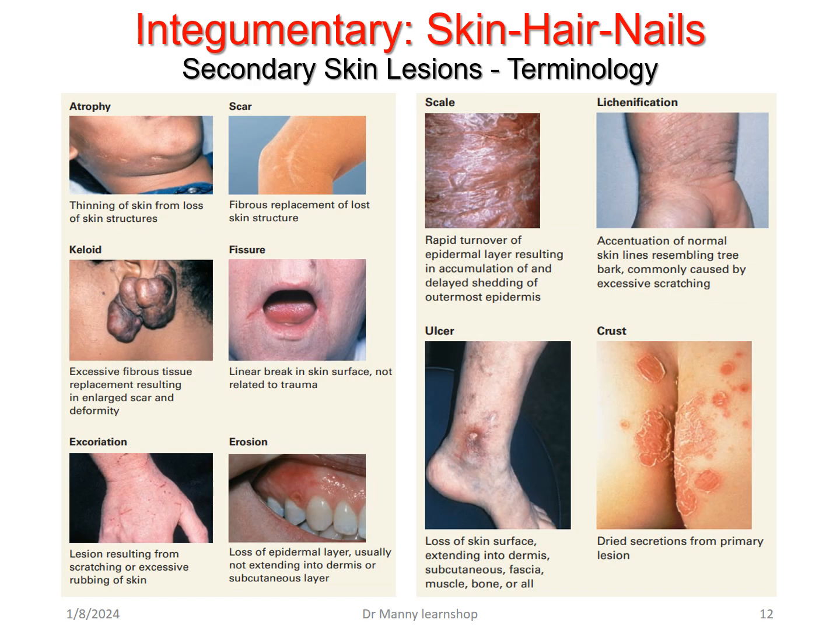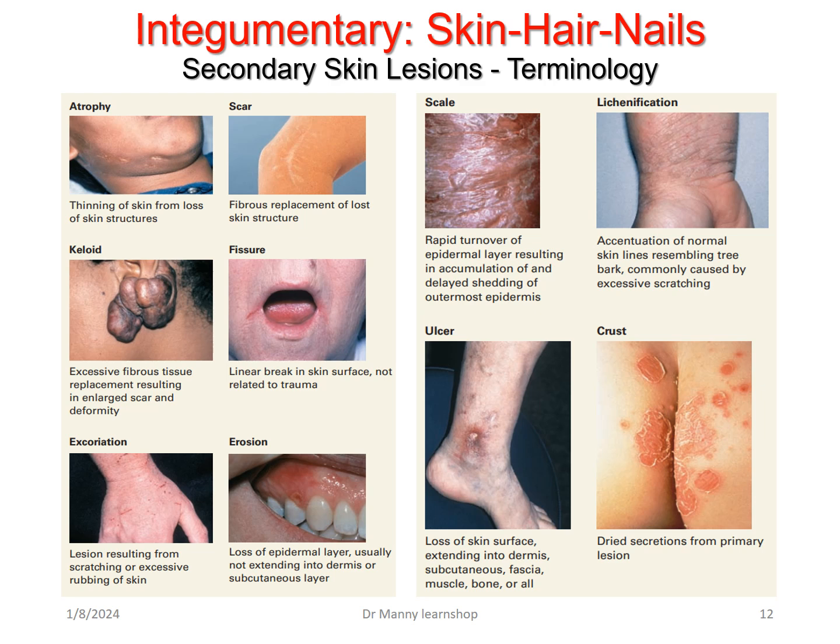Now, when it comes to secondary integumentary system lesions, this is some of the terminology that we will be reviewing in other sessions. Things that relate to atrophy, scarring, keloid tissue formation, fissures, excoriation, erosions, ulcers and crusts, scale and lichenification.